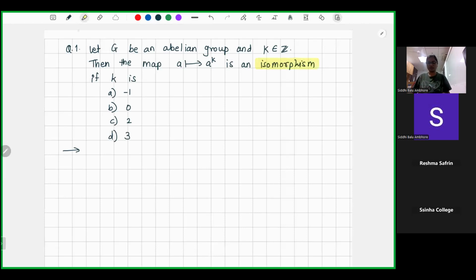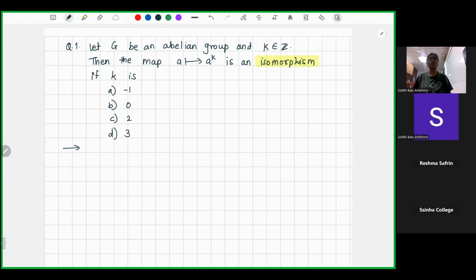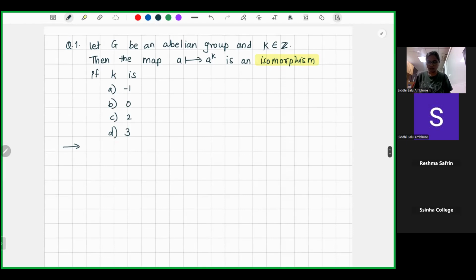I hope you know what isomorphism is. If not, let me quickly give you the definition. Let (G, dot) and (H, star) be groups.